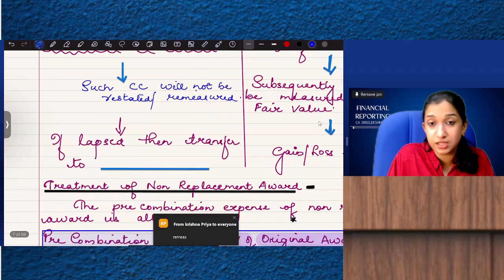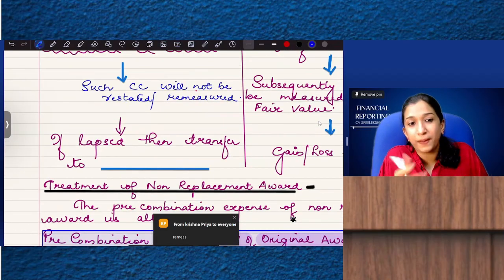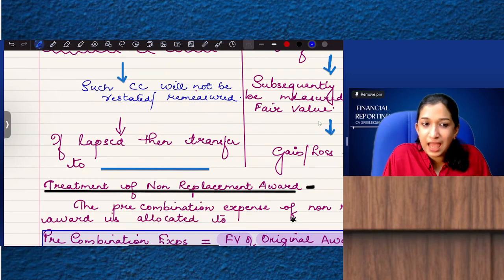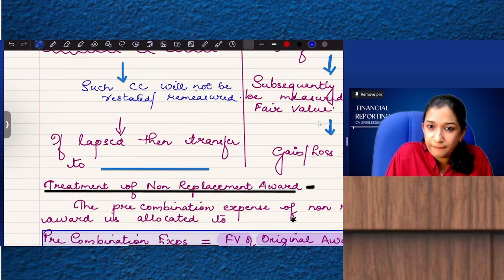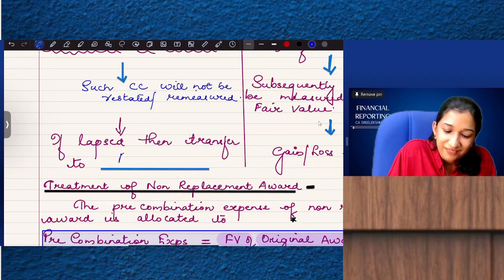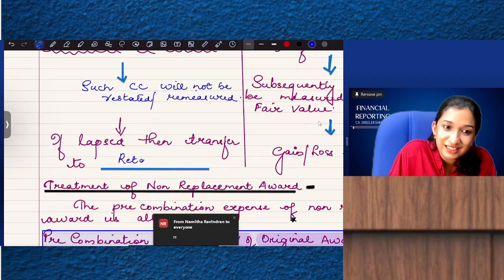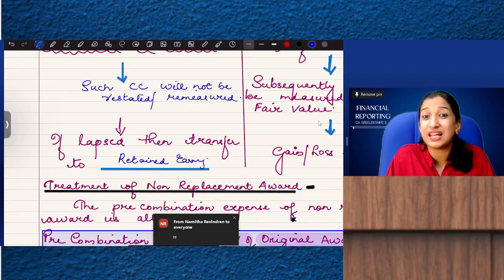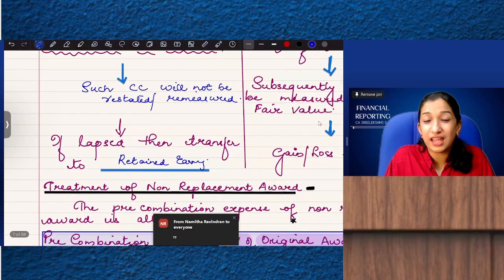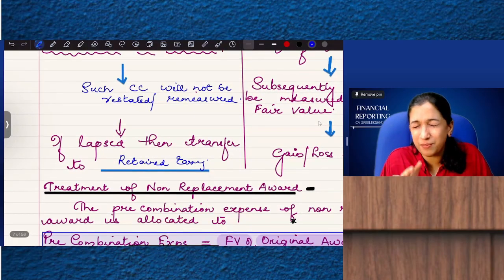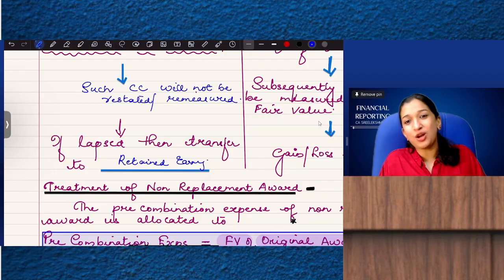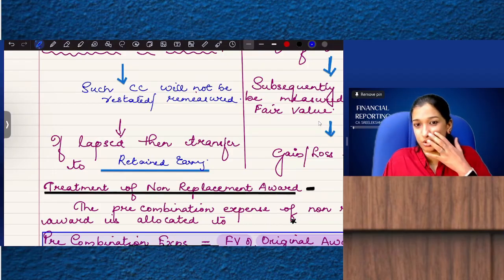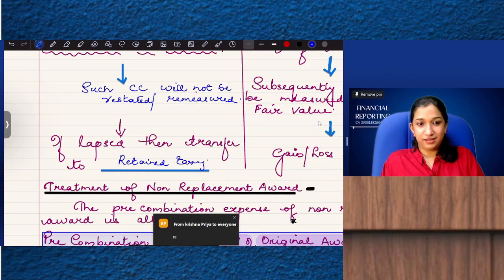If it lapses, if that contingent consideration is not payable finally, then the lapse should be transferred to retained earnings. Equity components reclassification is always towards retained earnings.